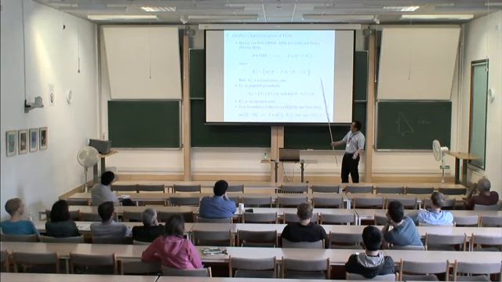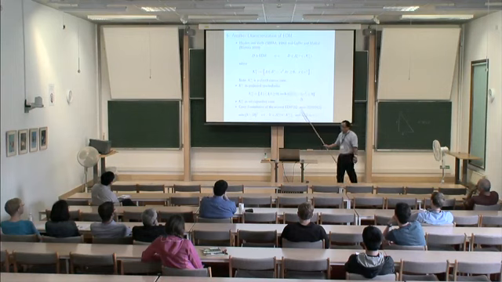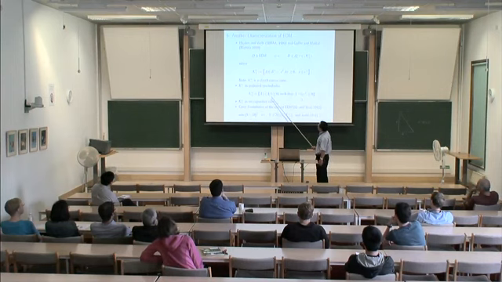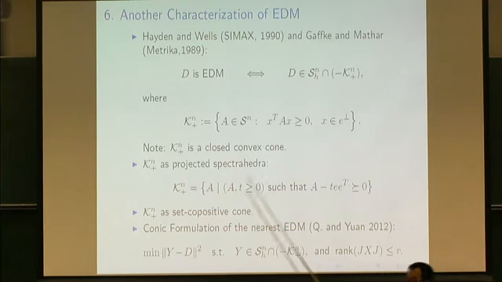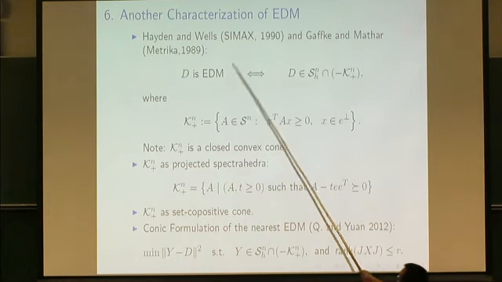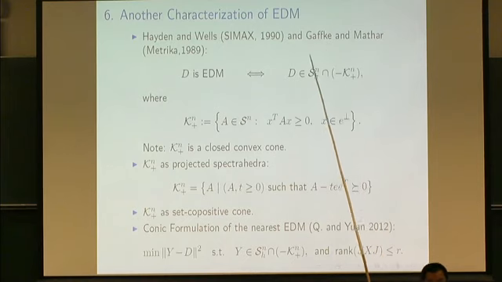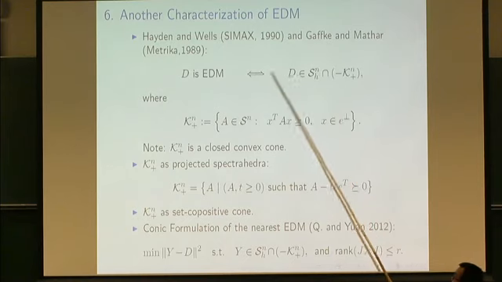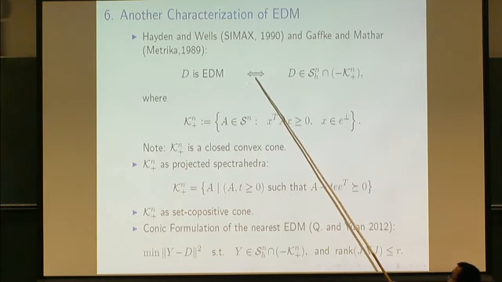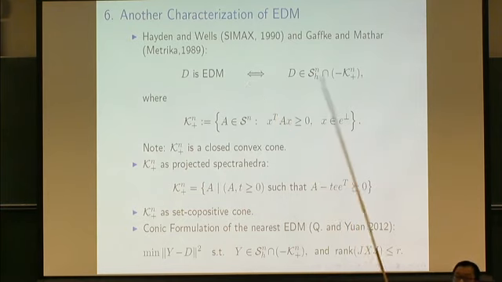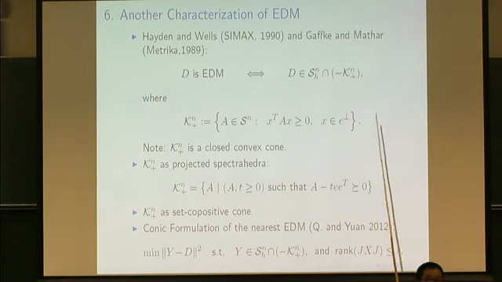But the method that I mentioned in the last slide actually uses this characterization. I quite like this. Hayden and Wells in 1990, those two statisticians, came up with this characterization by studying the alternating projection method.